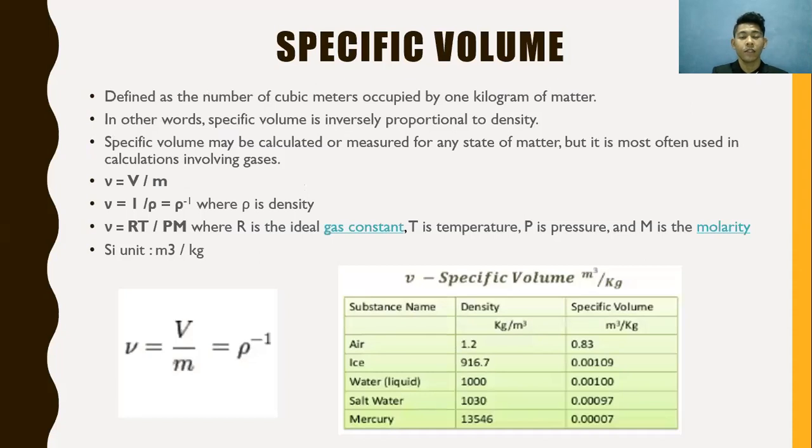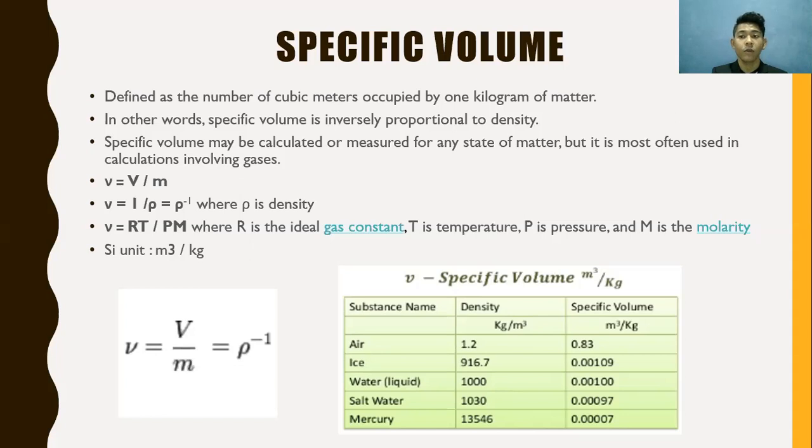Next, specific volume. Specific volume can be defined as the number of cubic meters occupied by 1 kilogram of matter. In other words, specific volume is inversely proportional to density. Specific volume may be calculated or measured for any state of matter, but it is most often used in calculation involving gases. So there are three formulas for specific volume.